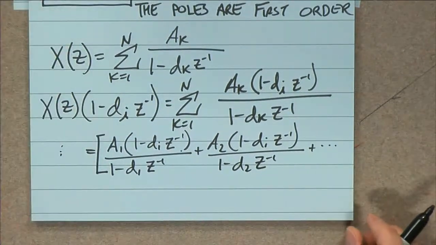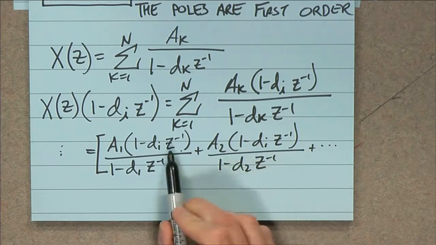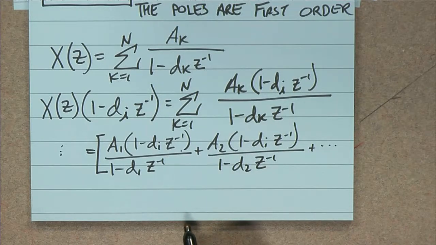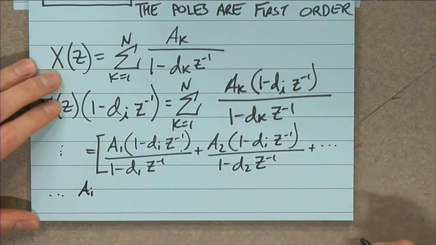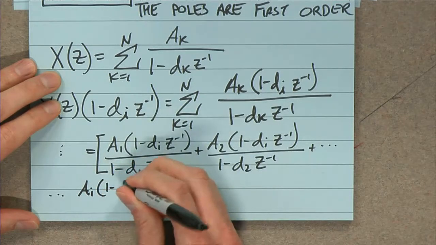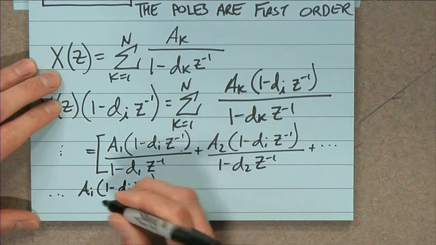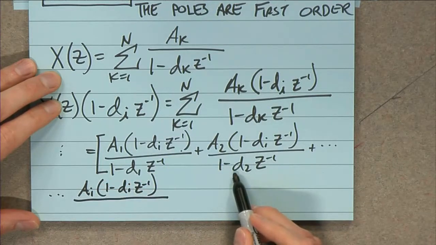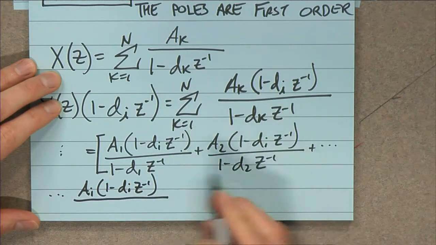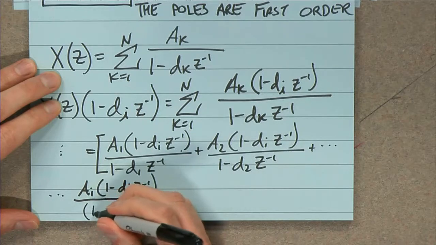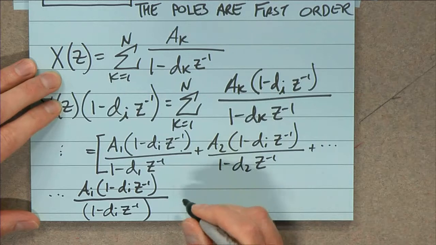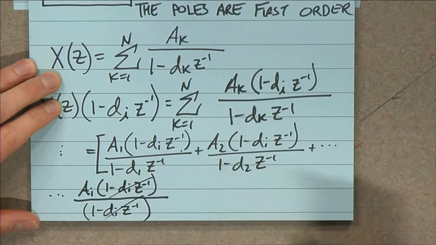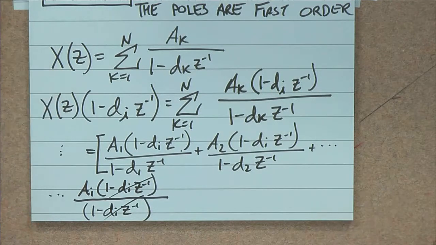Eventually we will hit this d sub i term, and when we do, what's going to happen? A sub i times 1 minus d sub i z inverse, all over, now k has become i, 1 minus d sub i z inverse. And so these two terms are going to cancel, leaving A sub i by itself.